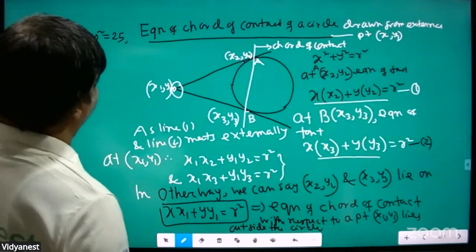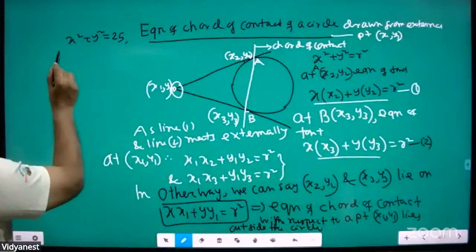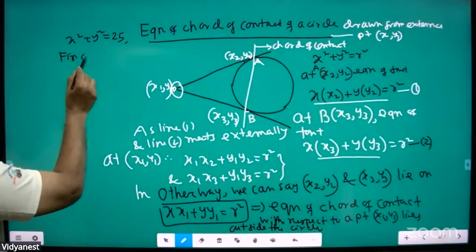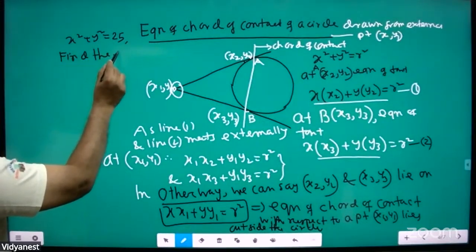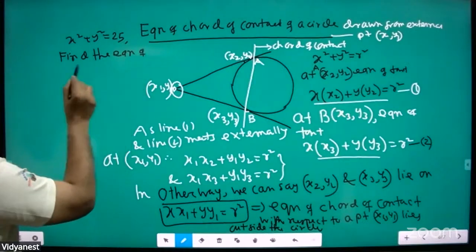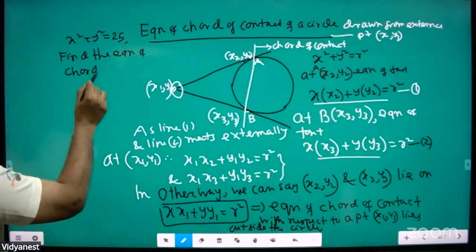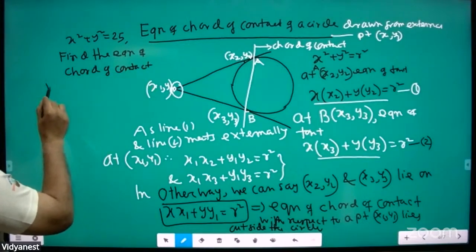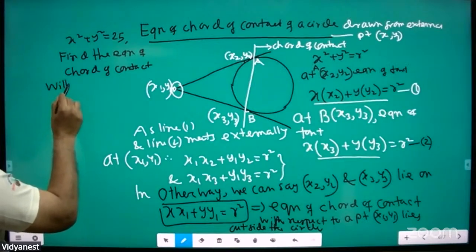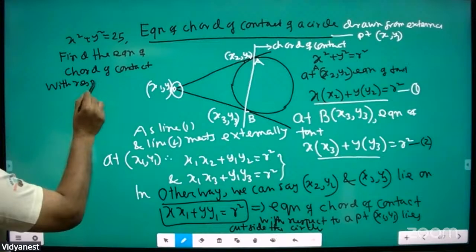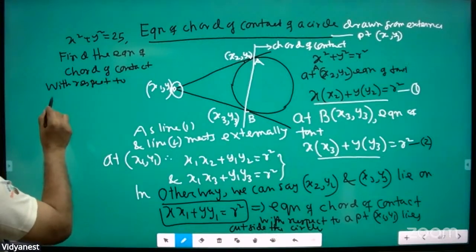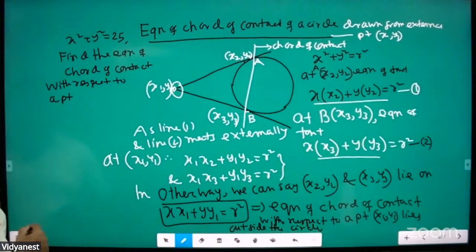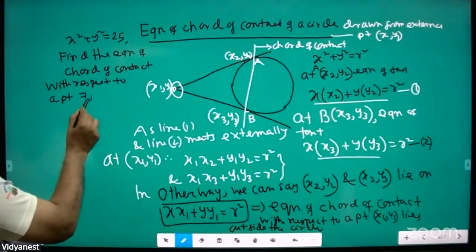Now find the equation of chord of contact with respect to a point 7 comma 6.